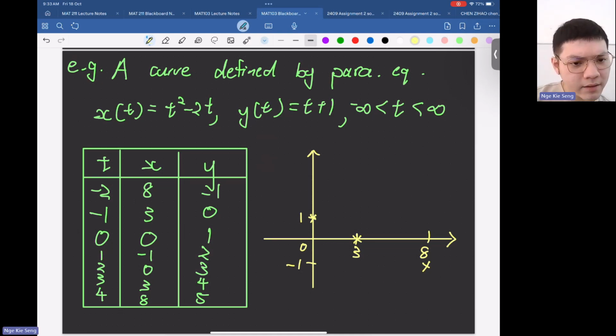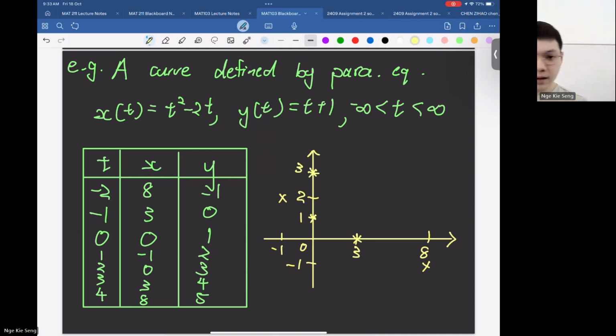And what else? -1, 2. So -1, 2 here. 0, 3. 3 here. And 3, 4. So 3, 4, top. And then 8, 5, and then a bit higher. So let's link them together.